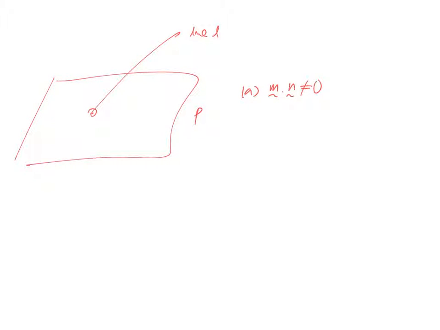Here m dot n will not be equal to 0 because the direction vector of the line is not perpendicular to the normal vector of the plane. So for all three cases, the first thing we do is always check whether m dot n is equal to 0. If m dot n equals 0, then check if A satisfies the equation. If m dot n is not equal to 0, straight away we can see that they are intersecting. This is for case 3.